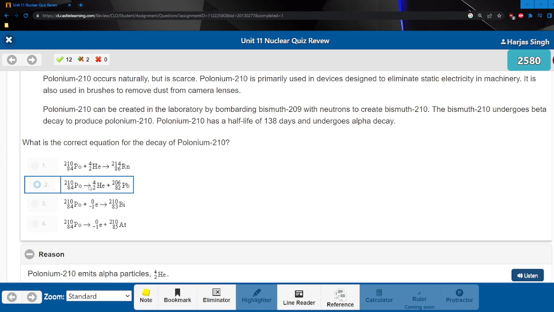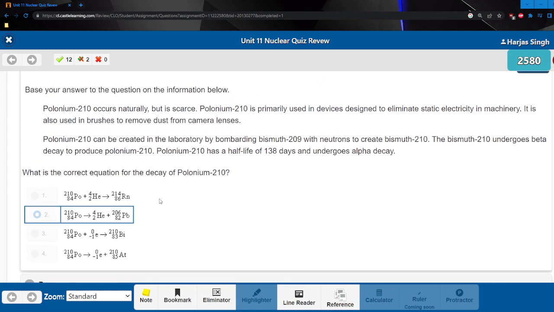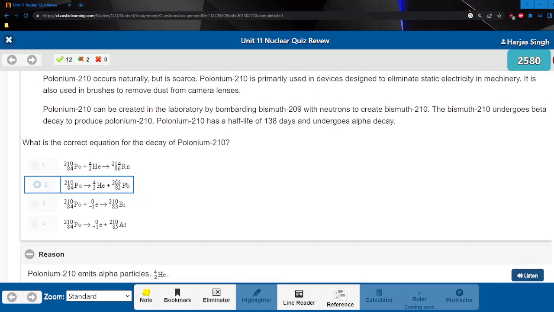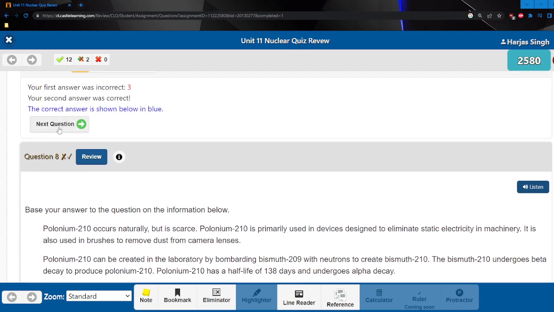So 82, and then 2 right here, right? Those add up to 84. 206 and 4 makes 210. There you go. Make sure that lines up. Essentially just make sure all the numbers add up to 210, 84, right? That's that.